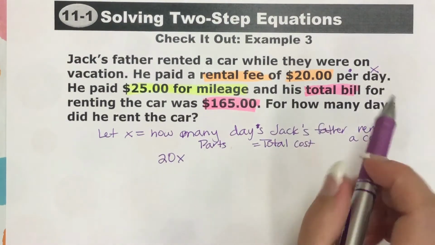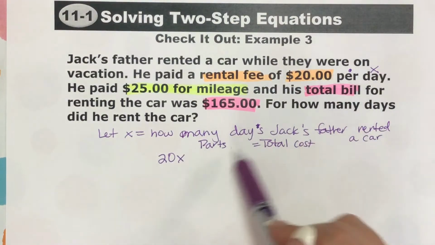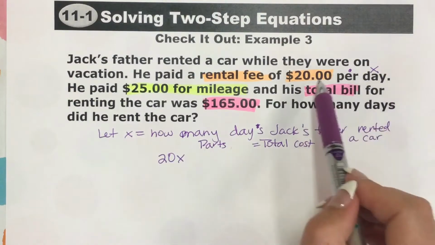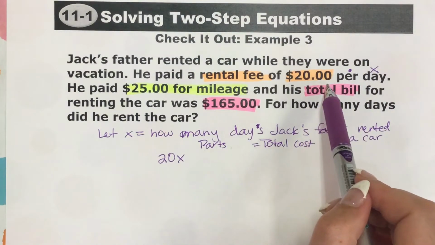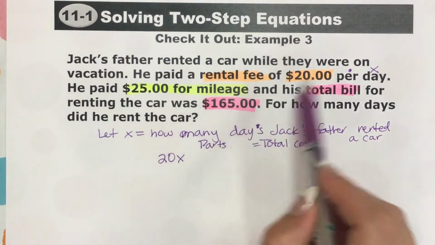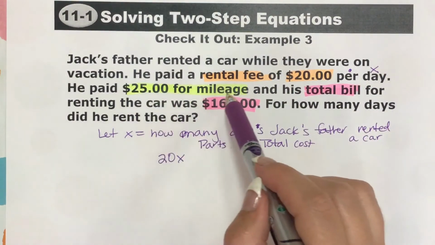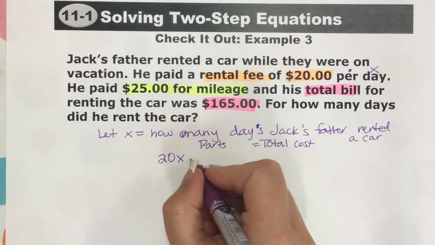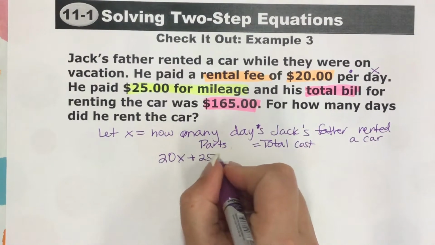So what are the parts here? This rental fee, $20 per day, so 20x, that's a part. Also, paying for mileage, that's another part. So we have 20x, and then we have $25 for mileage. So 20x plus 25.